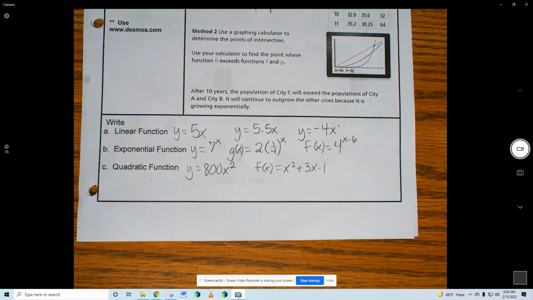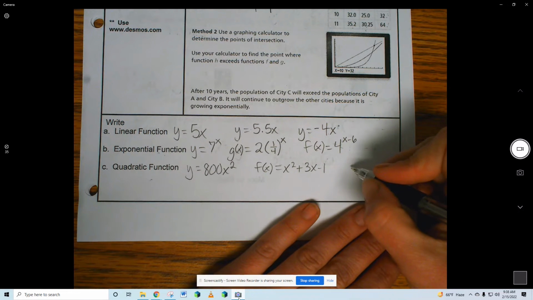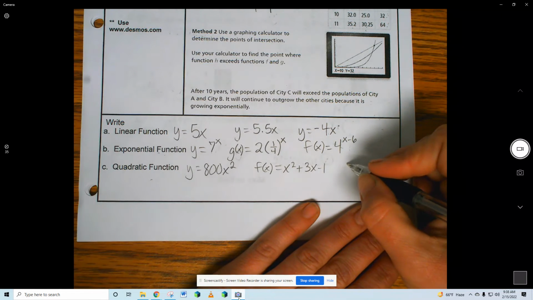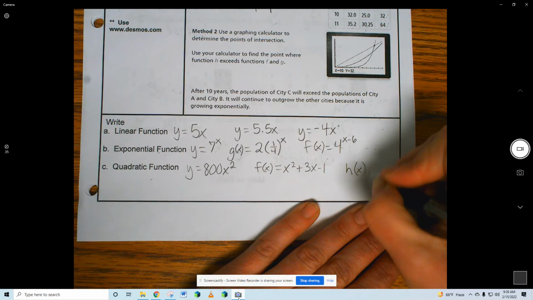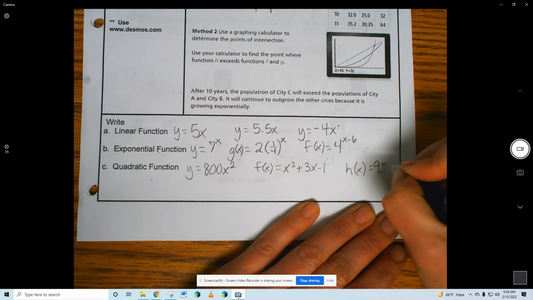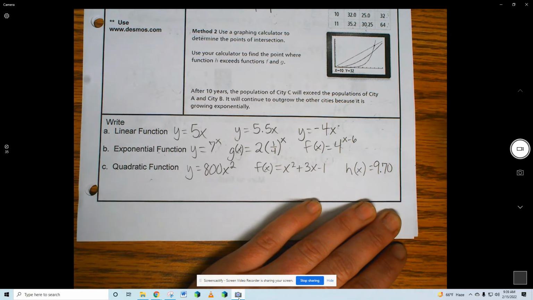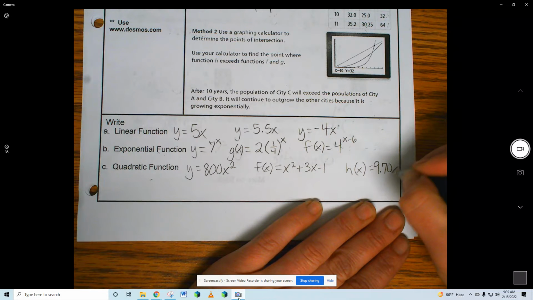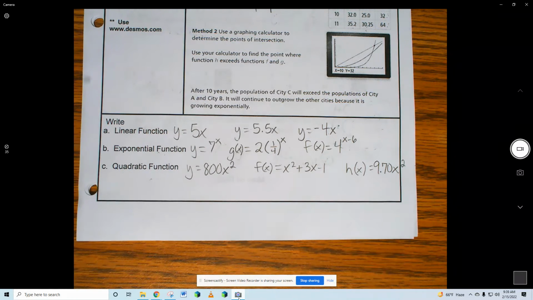That's a parabola. Negative b over 2a is the vertex. 9.70. Yeah. Sure. Anything.